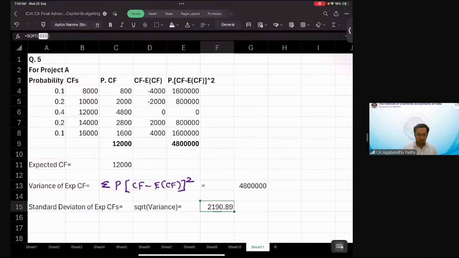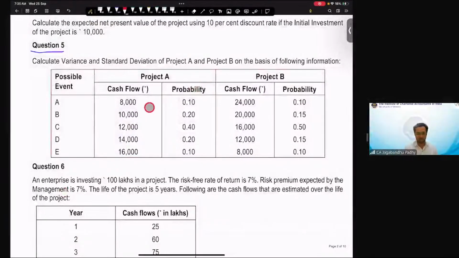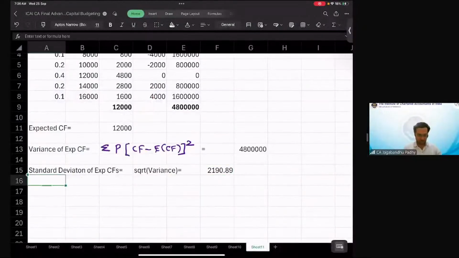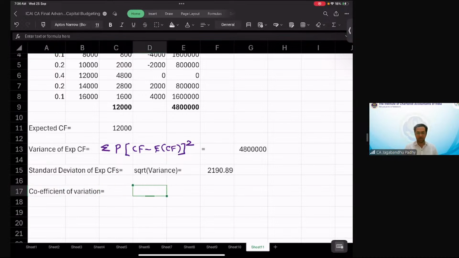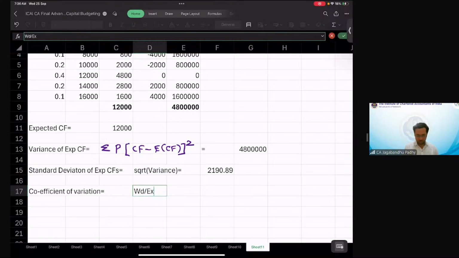But yes, when you want to compute the coefficient of variation, then you can say it will be in percentage form, because the coefficient of variation is the standard deviation divided by the expected cash flows.